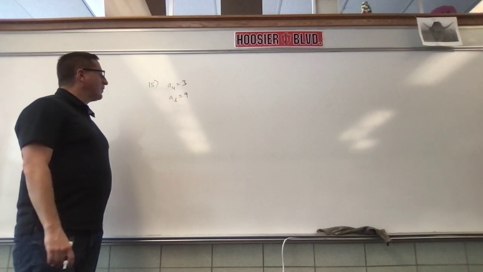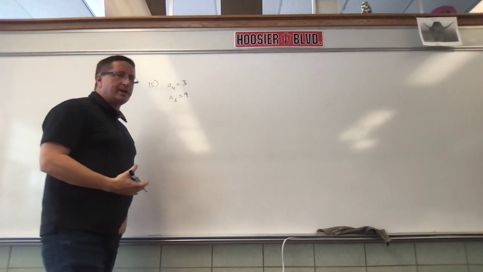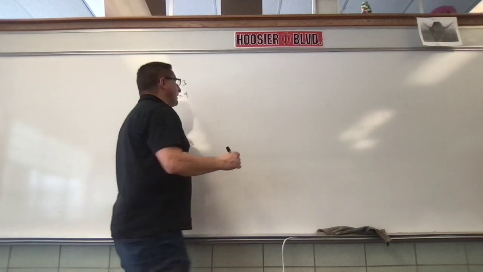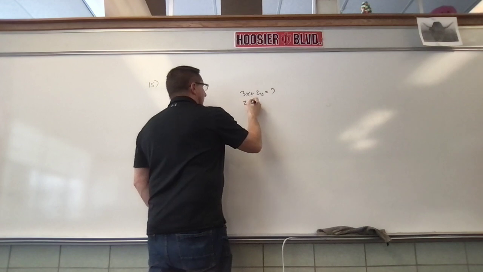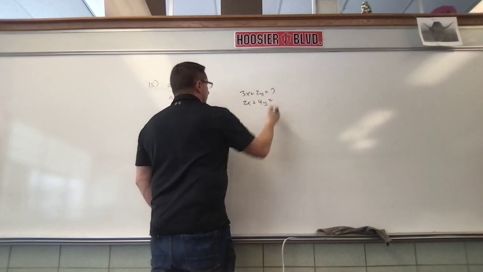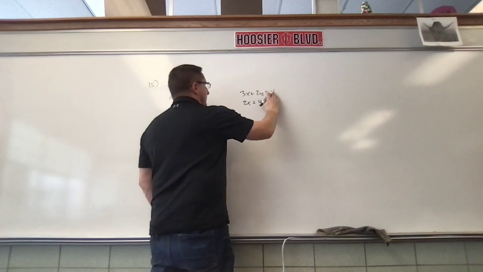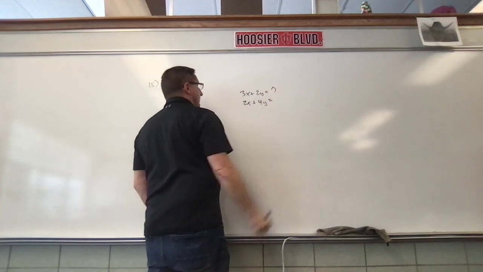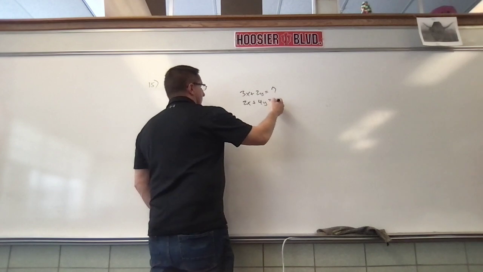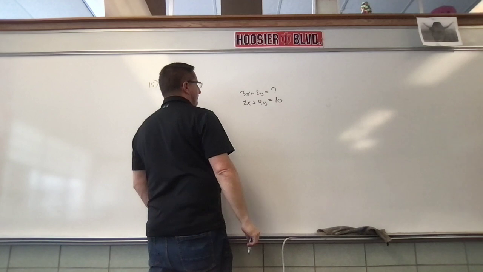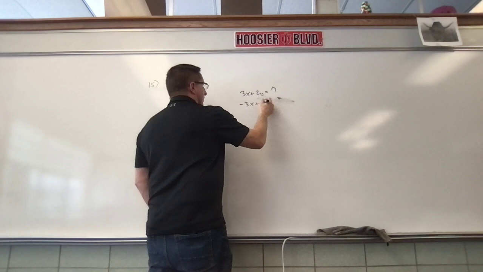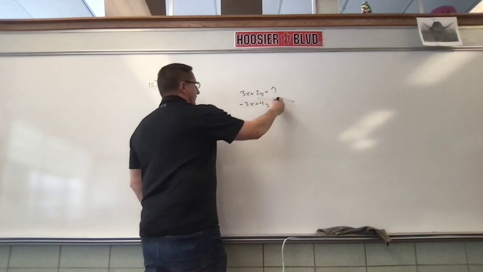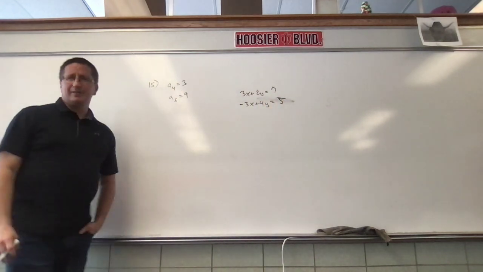What we're going to do is go back to algebra for a moment. If I give you 3x plus 2y equals 7, and negative 3x plus 4y equals 5, how would you guys solve that?